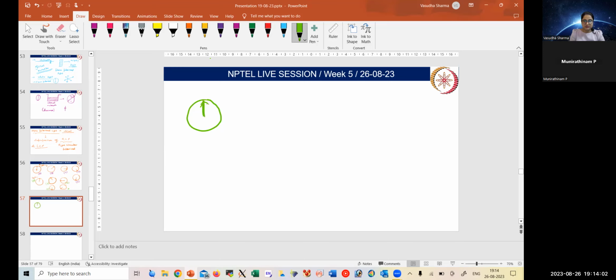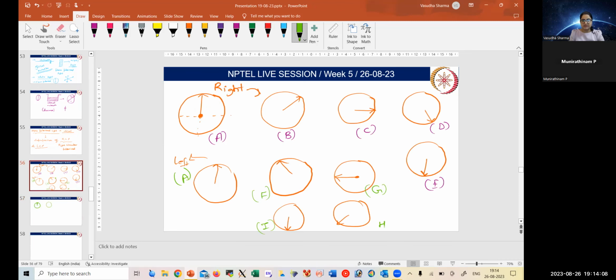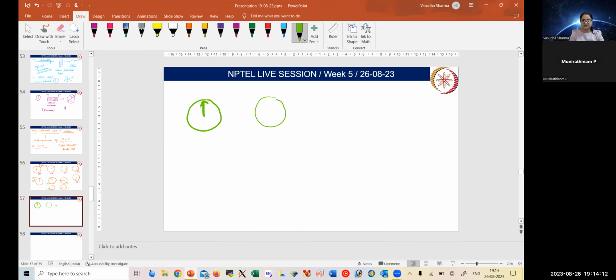This was the first, A plus A. Then for the second, you can see one is going here, the other is going in this direction, so the resultant would lie somewhere in between. When one is in this direction and the other in this direction, both have the same distance but opposite directions, so they nullify each other. And ultimately we have this one.